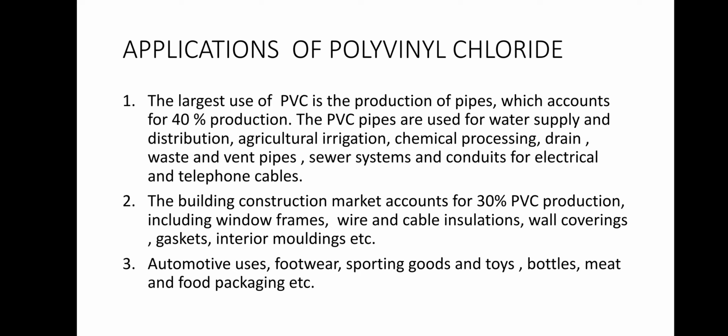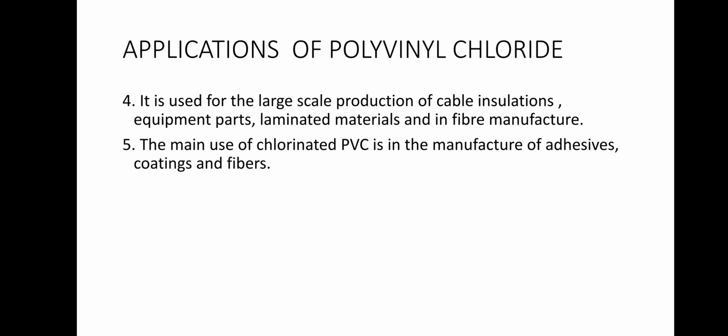Second application, the building construction market accounts for 30% of PVC production, including window frames, wire and cable insulations, wall coverings, gaskets, interior moldings, etc. Automotive uses, footwear, sporting goods and toys, bottles, meat and food packaging, etc. are made using PVC.